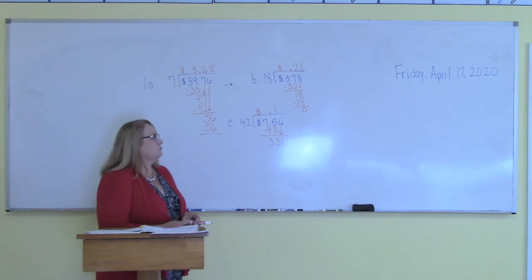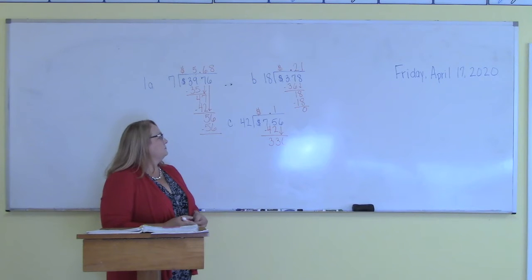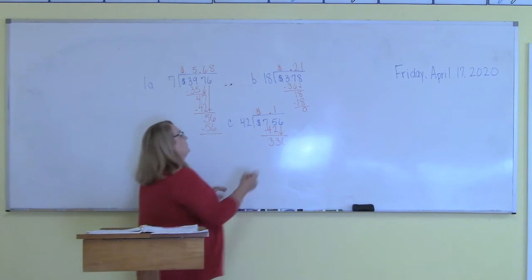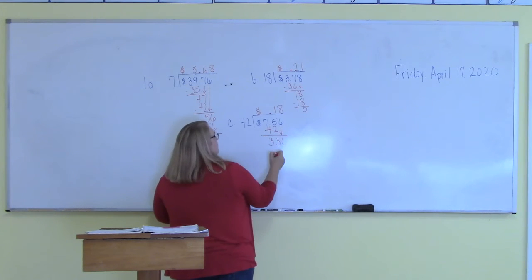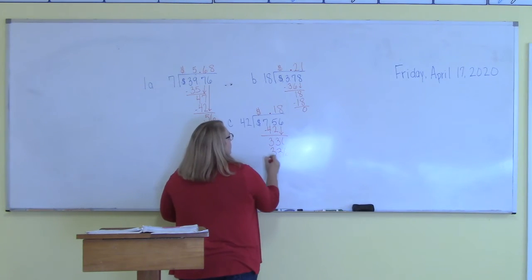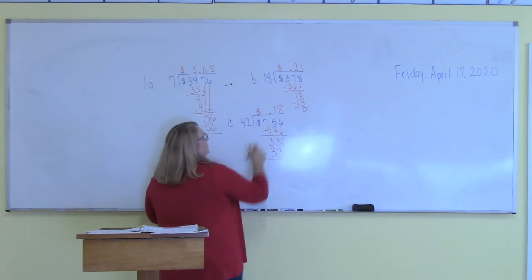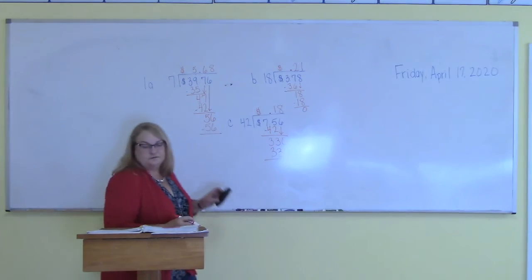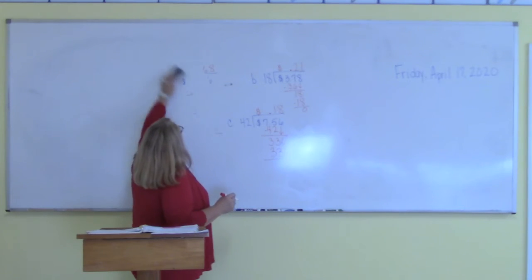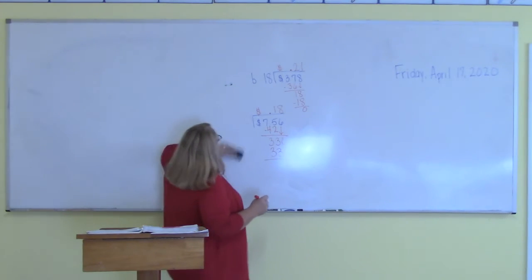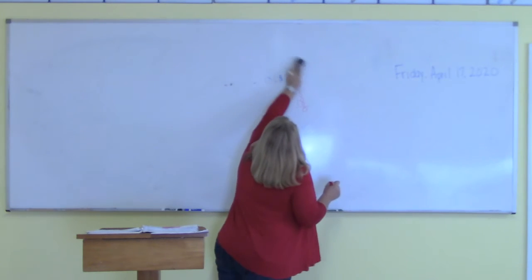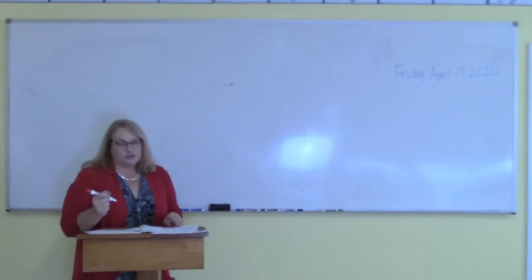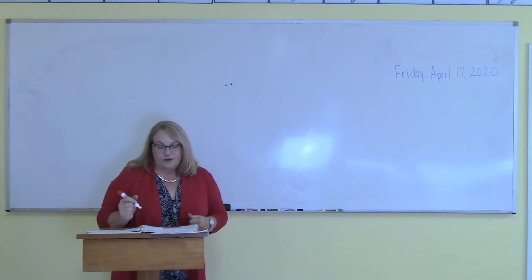Think big. All right, good. 8. 8 times 42 is 336. Subtract it out. Your answer is 18 cents. Okay, circle D. You will go back and work that one.